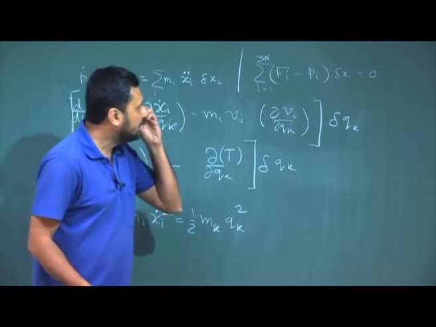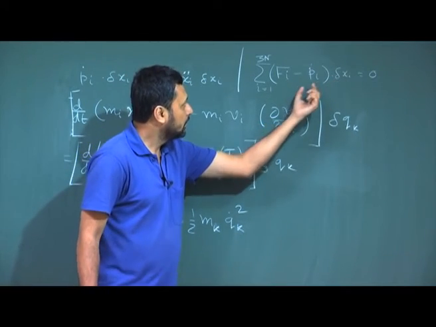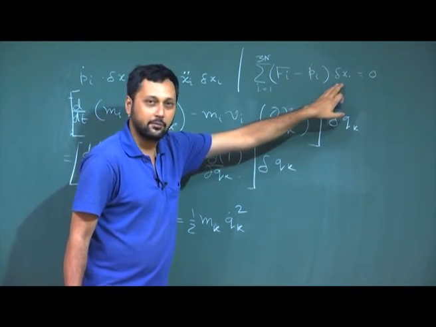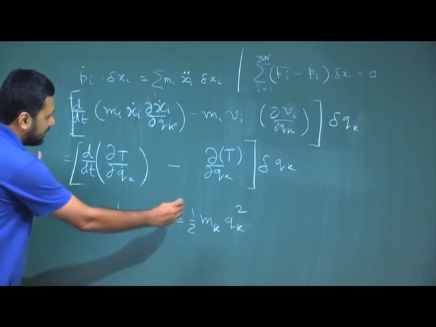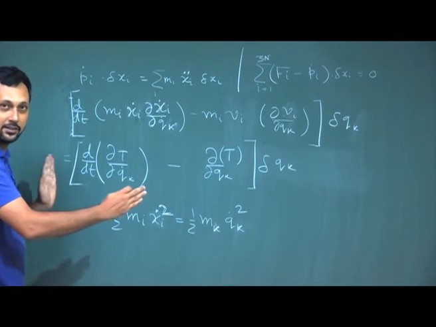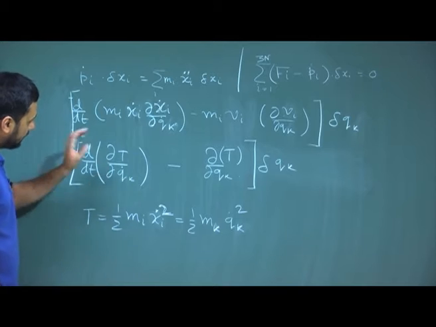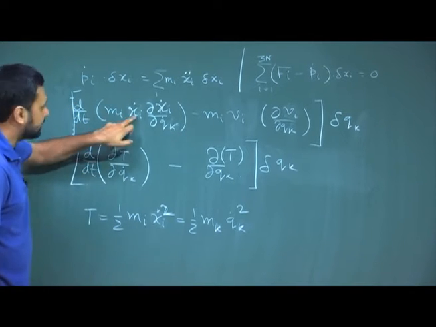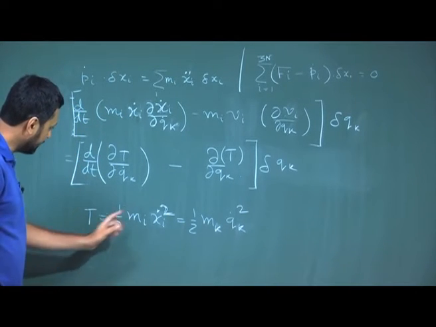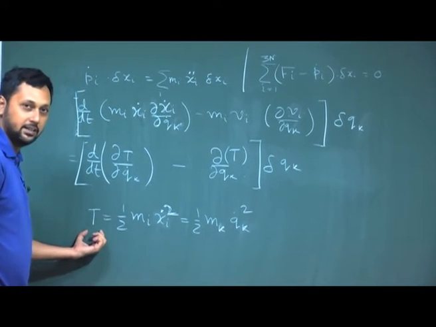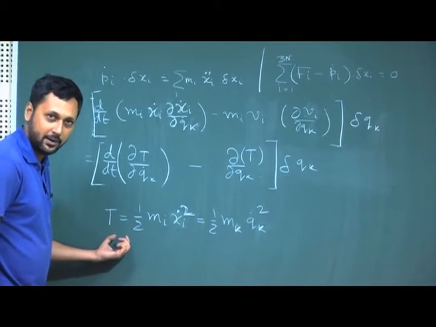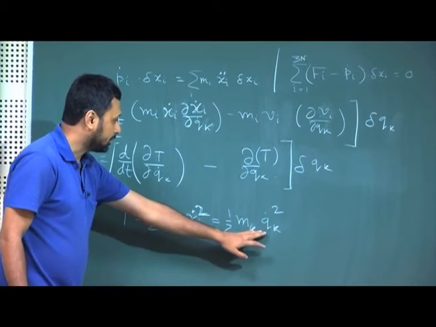What we did is separate out all the pi dot sums and show that it has a general form. Now there is no summation over xi anymore, all of it is included in T, and kinetic energy is frame independent. So, we can express it in terms of qk.